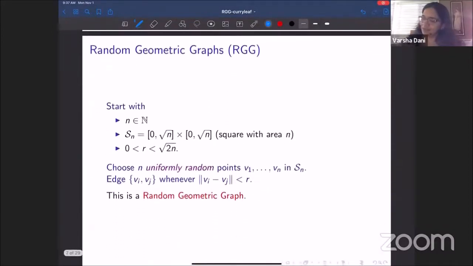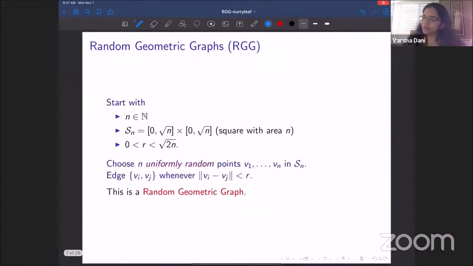The next question is, what is a random geometric graph? I defined a geometric graph by saying you have some points in the plane, and we use the underlying distance in the plane to define what the edges are, and now we've got a graph. A random geometric graph starts with some n, the number of points you want.